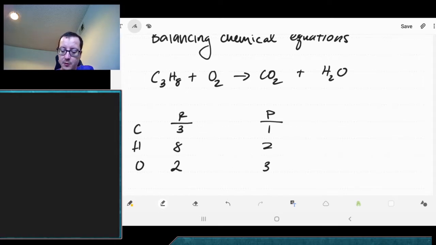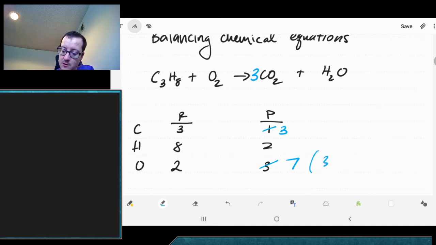So if we are to balance carbon, we're just going down the list. We need 3 on the right side, on the product side. So we will probably want to fix that. So if we bump that to 3, we're going to now change our oxygen to 7.